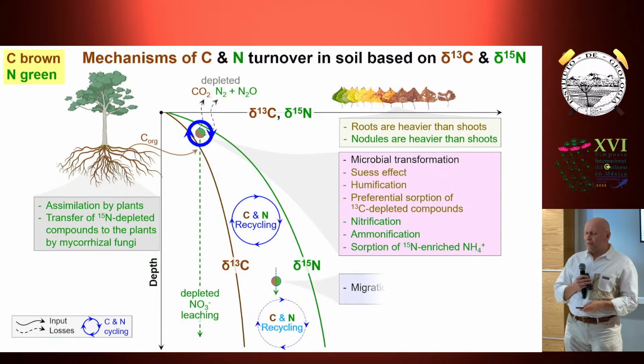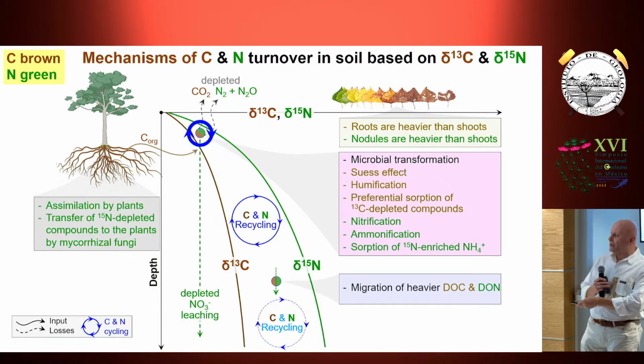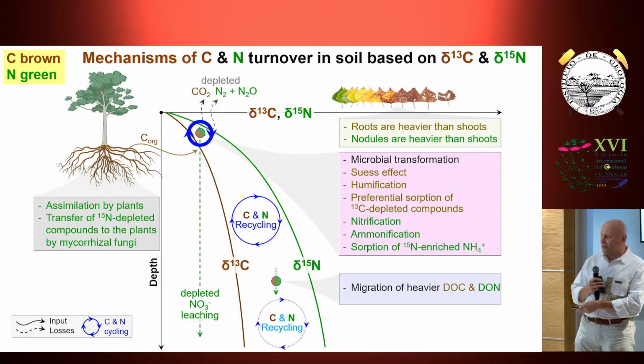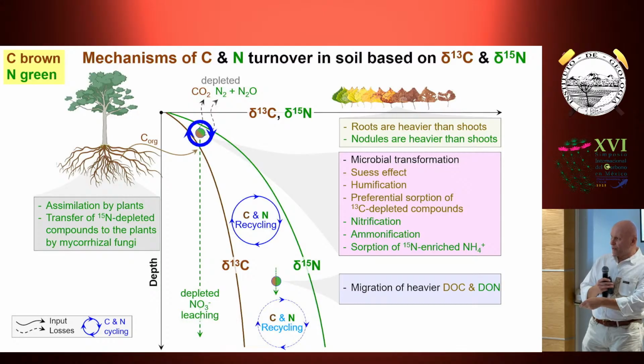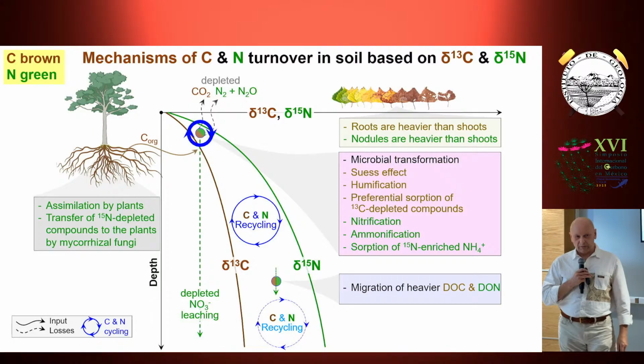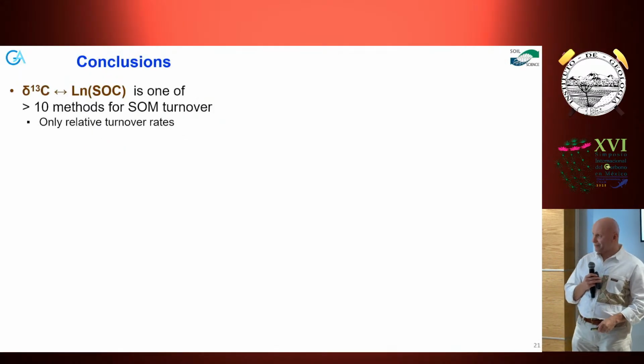And in the depths it is also important that DOC, dissolved organic carbon, and dissolved organic nitrogen will also be migrating, and this is heavier than the soil organic matter here, and consequently by absorption this also contributes to the increase of the isotopic composition of carbon and nitrogen with depth.